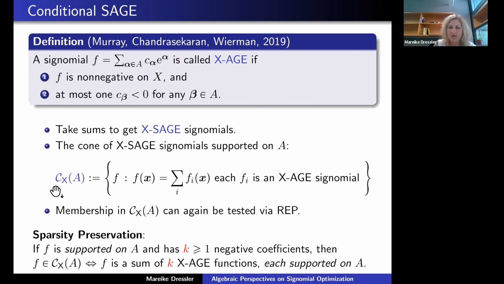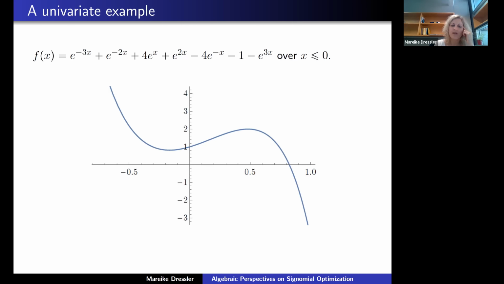But maybe if you're not so familiar with that, I brought you an example. Consider this function. This is a univariate signomial, so we only have x as the variable, and we have three negative terms, here, here, and here.